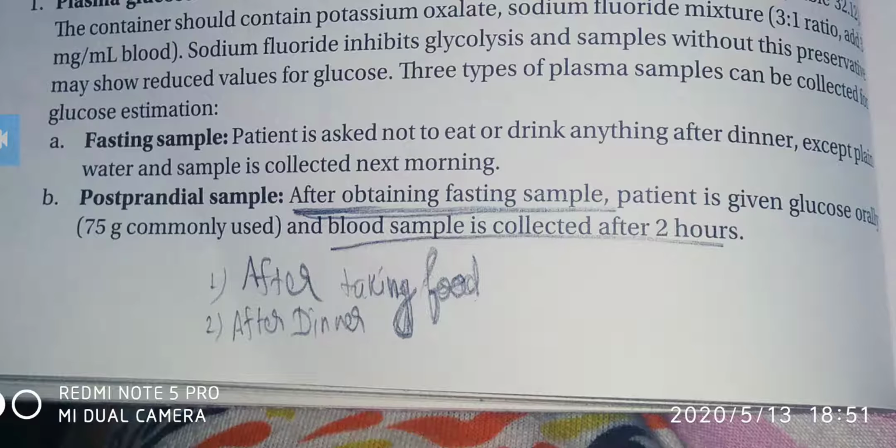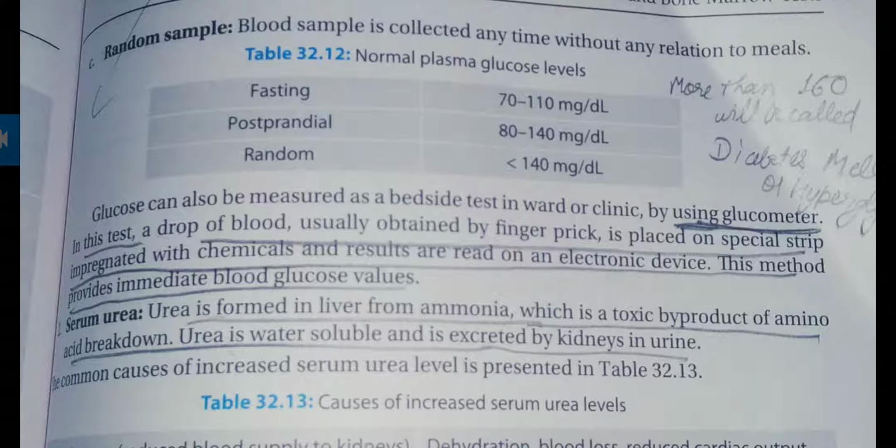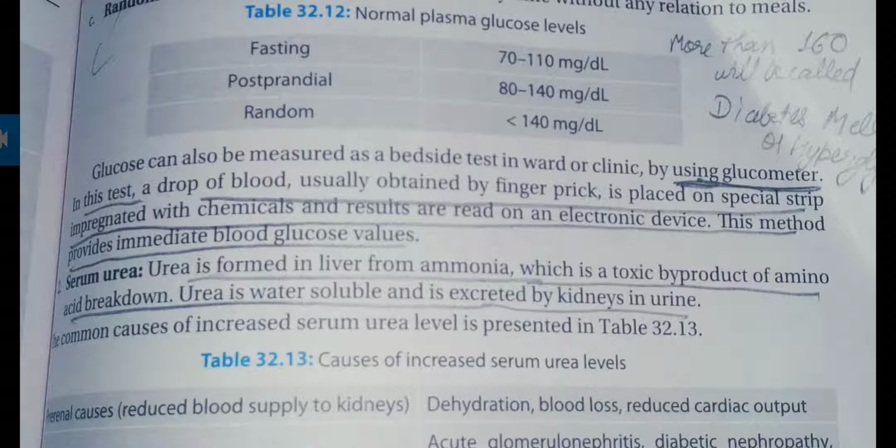Now we can see the normal plasma glucose levels in our body. In fasting, the normal level is 70 to 110 mg per dl. In postprandial, the value is 80 to 140 mg per dl, and in random it is more than 140 mg per dl.